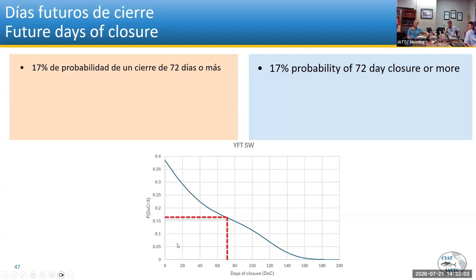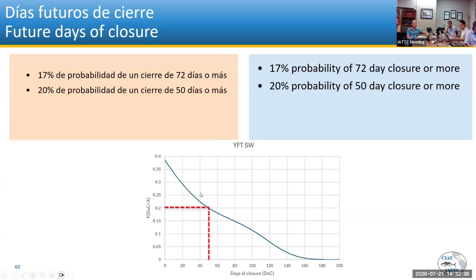Whereas here, there is a 17% probability that the closure is going to be greater than the 72-day closure, which we've had for a long time. So there's still a possibility that if we got perfect information, we'd have to close the fishery for 72 days or more, based on the F30% target, right?